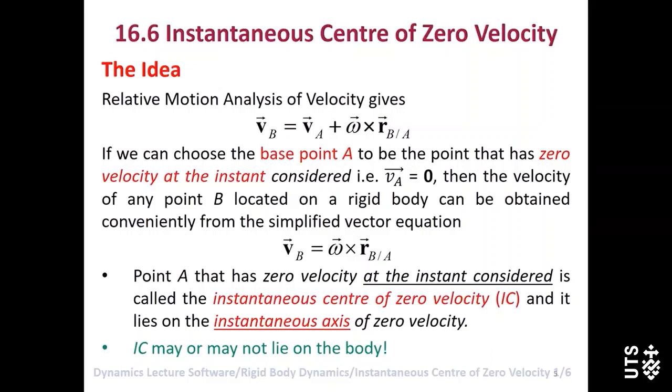If this is possible, then this equation will be simplified to the equation like this. In this equation here, because the velocity at point A is 0, so now we only have Vb and omega.